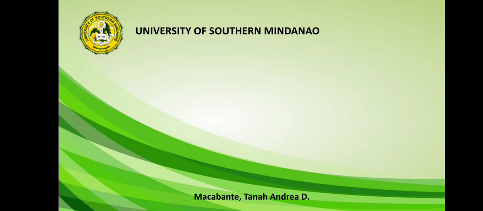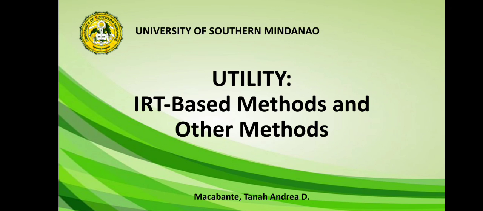Now a question may arise on how to set the cut scores. The previous reporters have already discussed two of the more popular methods in setting cut scores. I am tasked to report about the IRT-based methods and other methods in setting cut scores.